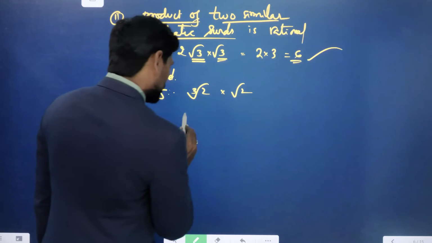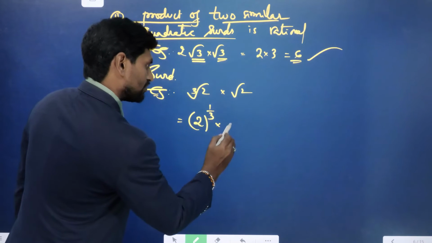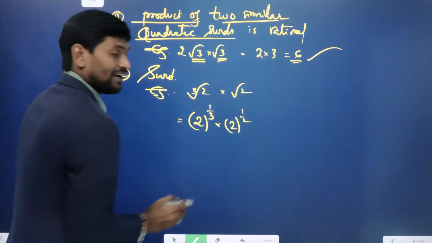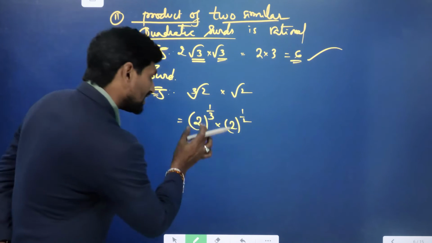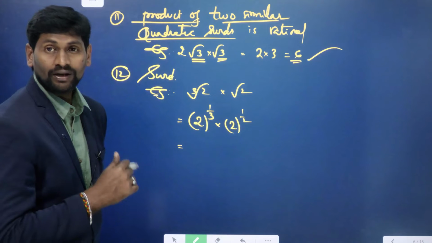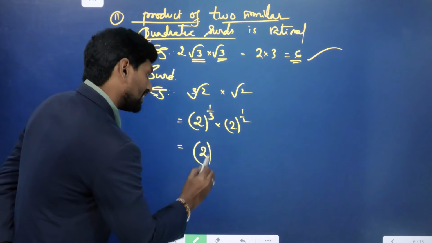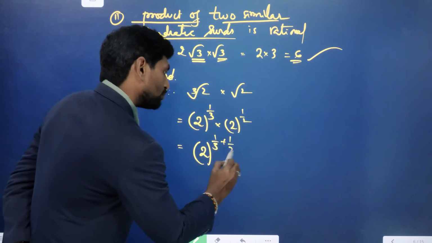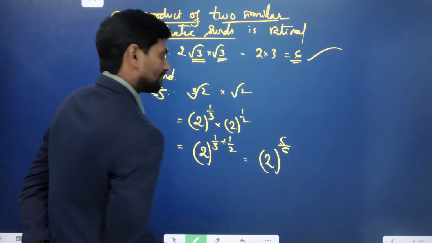Let us check. I am changing cube root 2 as 2 power 1 by 3 and this one as 2 power 1 by 2. While you are applying the laws of exponents, if the bases are the same, we can add the exponents. A power m into a power n is nothing but a power m plus n. Same concept I am applying here. 1 by 3 plus 1 by 2 equals 5 by 6, so 2 power 5 by 6.